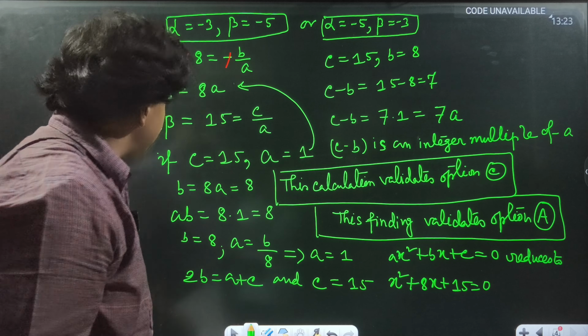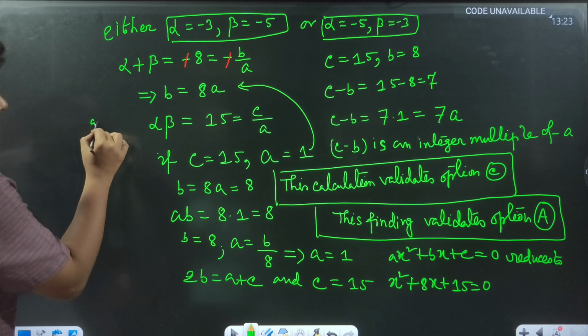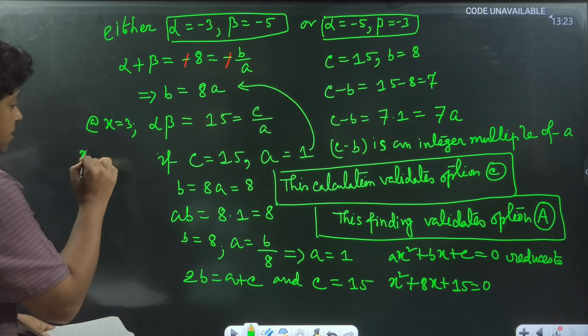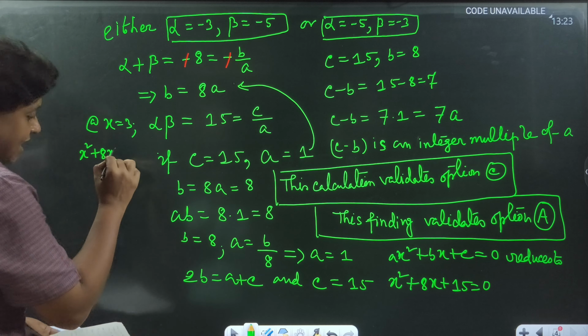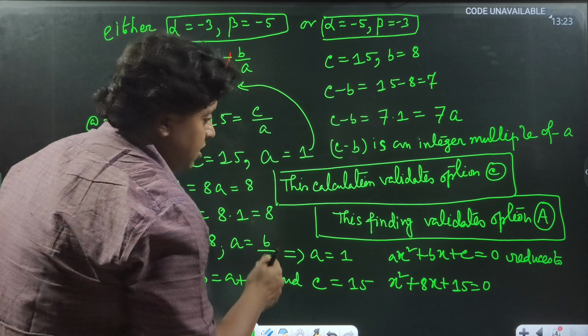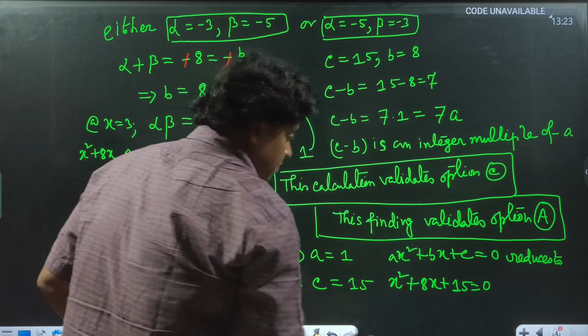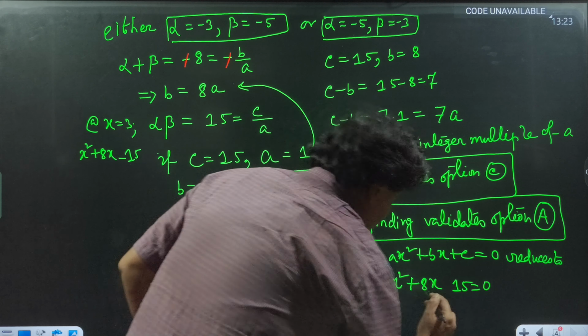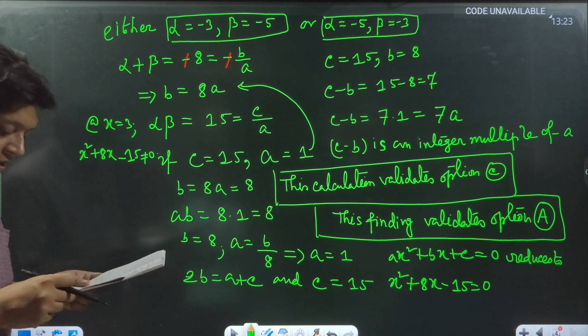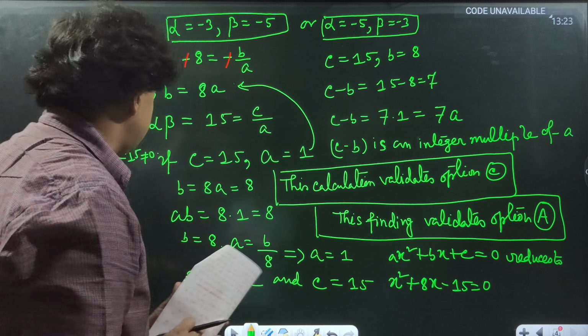So at x equal to 3, x square plus 8x plus 15 is not equal to 0. So option D is incorrect.